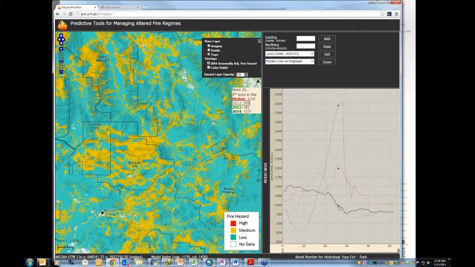Now, down here in the gray and lighter green lines are the 2013 and 2012 response for that site. Very, very low, and we can add any year of concern that we want into the graph and start comparing this site to what we might expect based on the long-term.